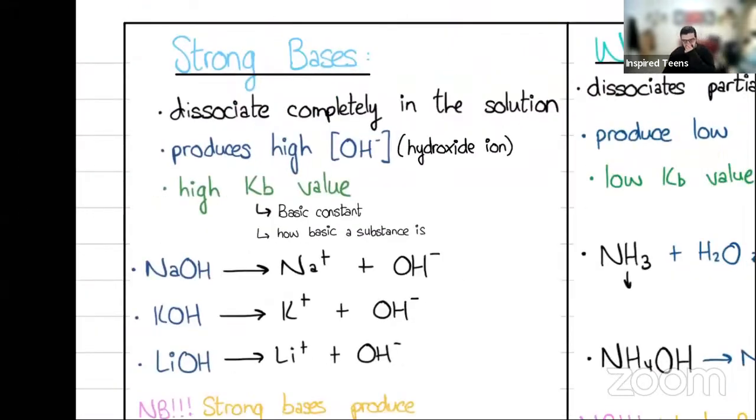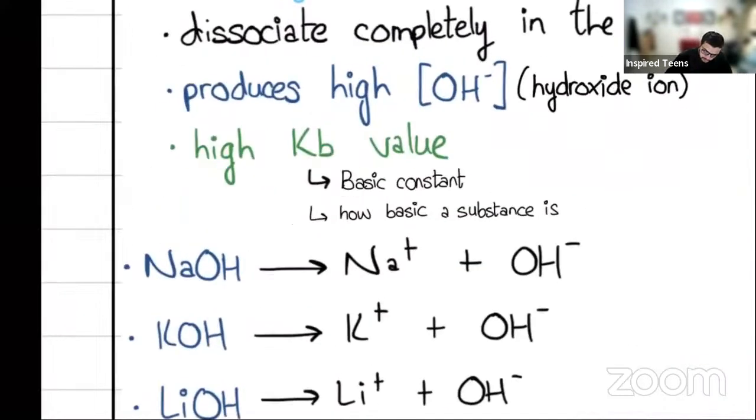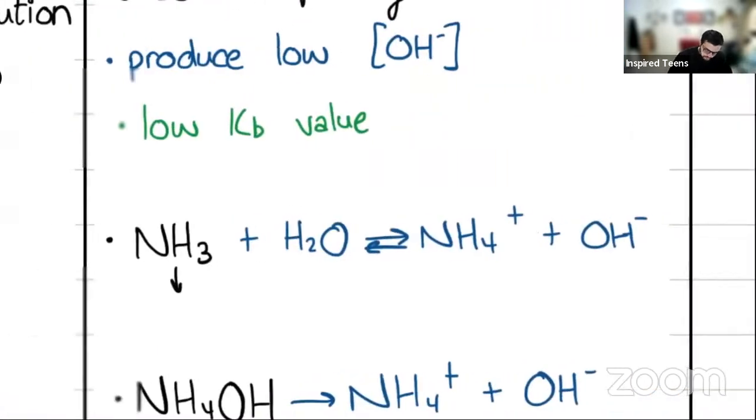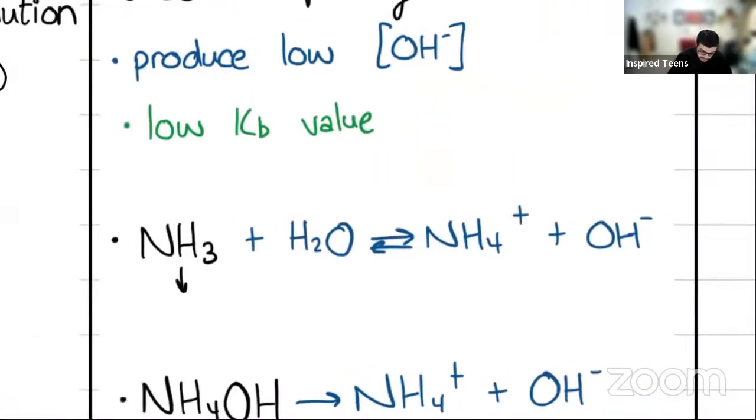Okay, so a high Kb value, again, we would be referring to what? A Kb value greater than 1. And a low Kb value, Kb is a basic constant, tells us how basic something is. A low Kb value would be a Kb less than 1.